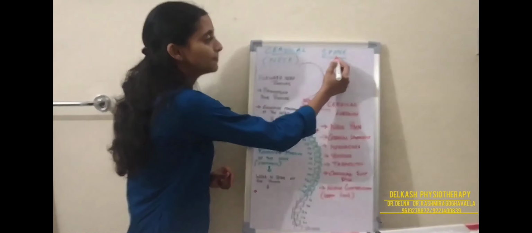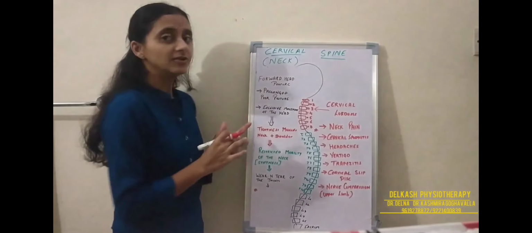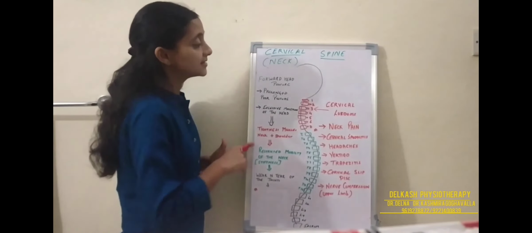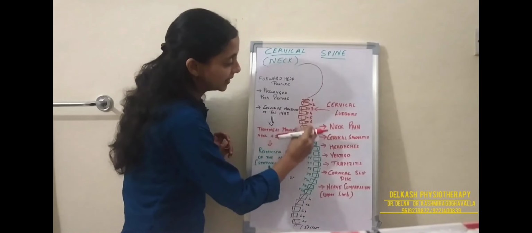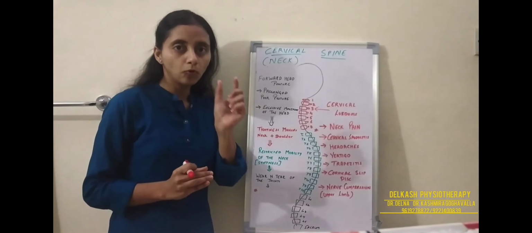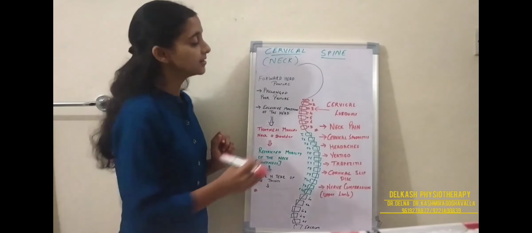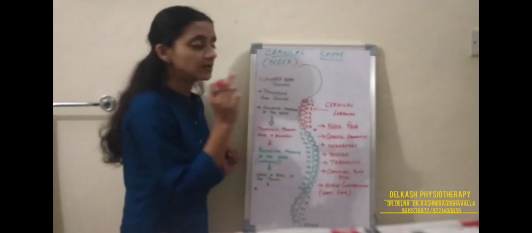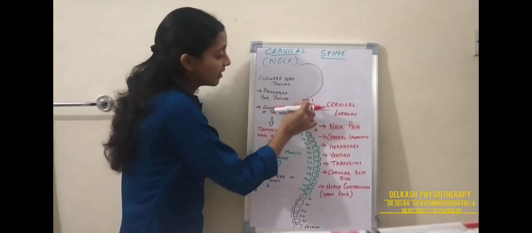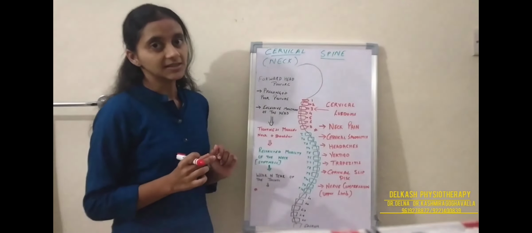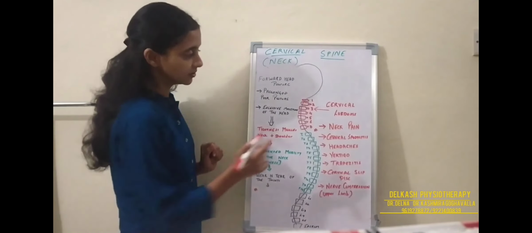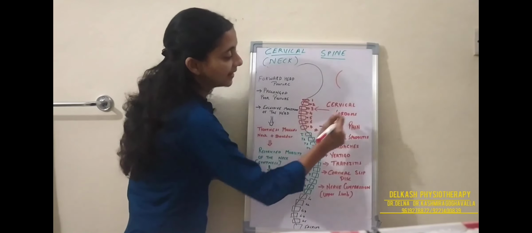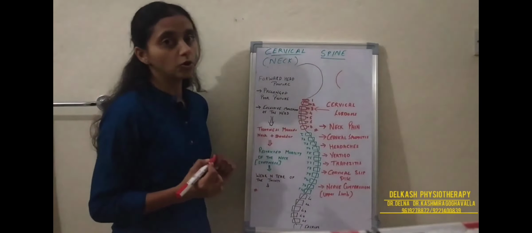So the neck region is called the cervical spine, and the spine has small bones, that is vertebral bodies, which make up the spine. There are 7 vertebral bodies in the cervical region, which form a curve facing backwards, and it is called cervical lordosis.